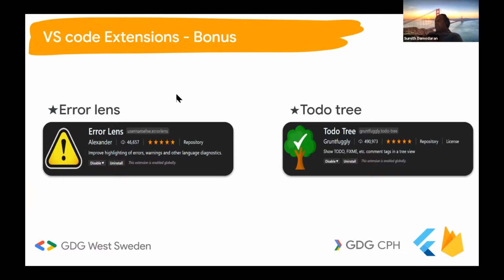And the next one is, if you have a lot of to-dos and you're working in a team, you can install Todo Tree, where you can click on the tree that shows all the to-dos and any FIXMEs or comments that you added in one go. So these are additional bonus tools which I use for my Flutter development.